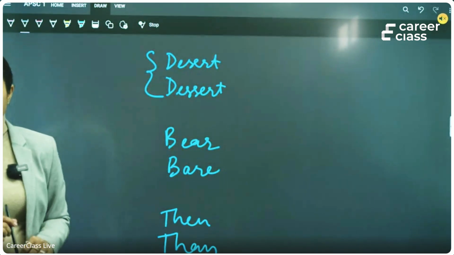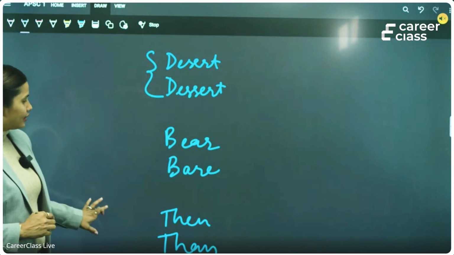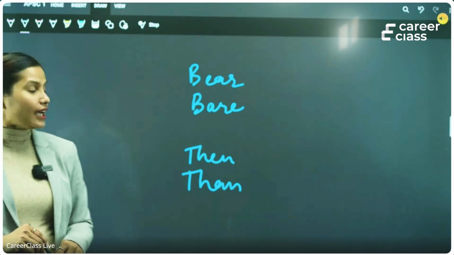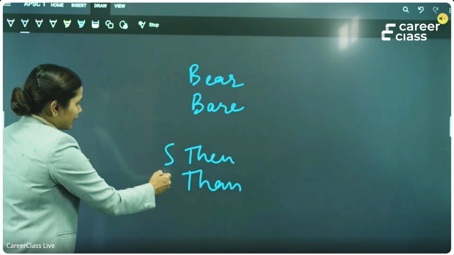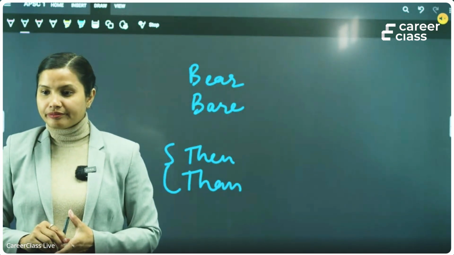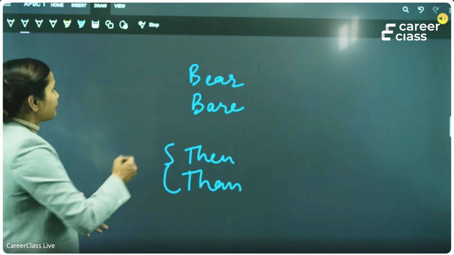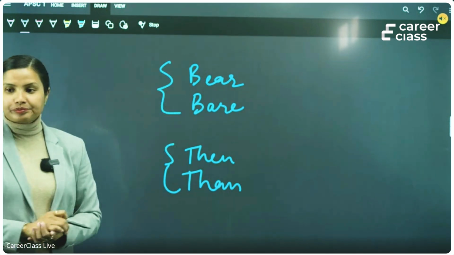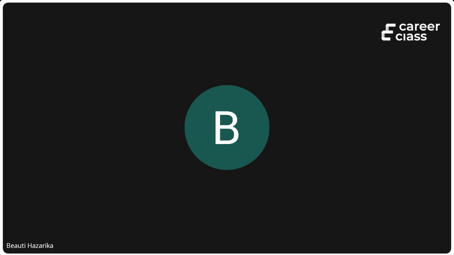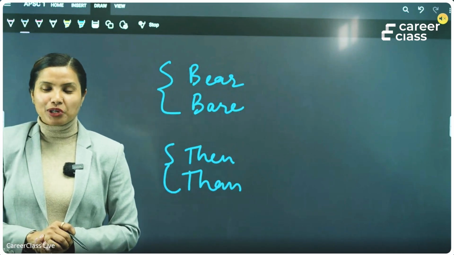And desert and desert, who was supposed to give this? Rupa Malakar, are you there? Ashlesha Horma, are you there? Then and then. Beauty Hazarika, bear and bear. Yes, ma'am. Okay, kindly respond then.